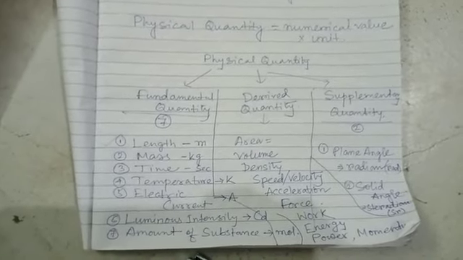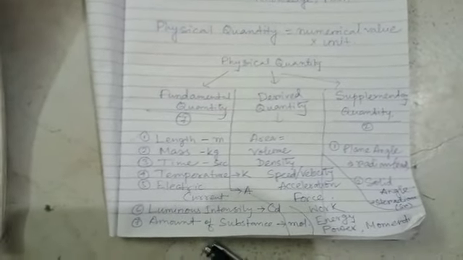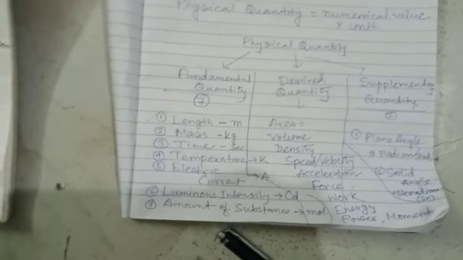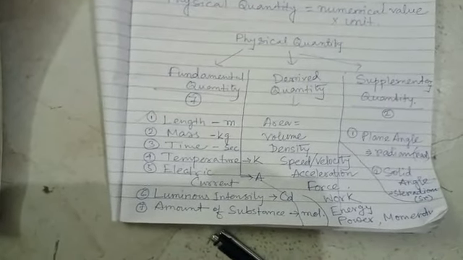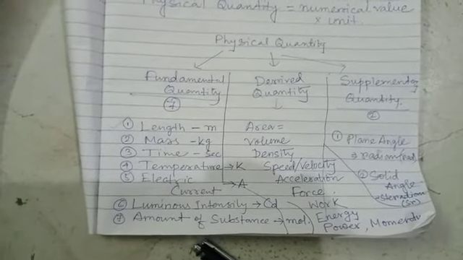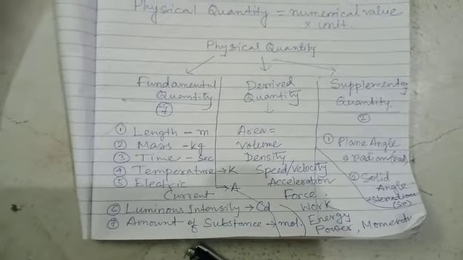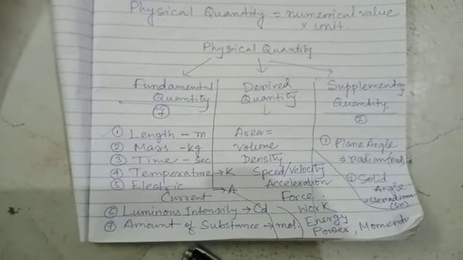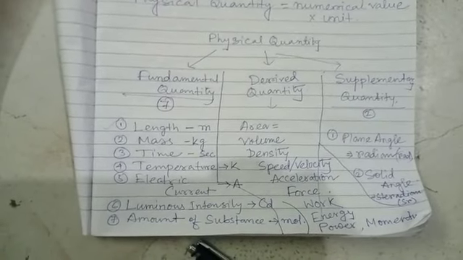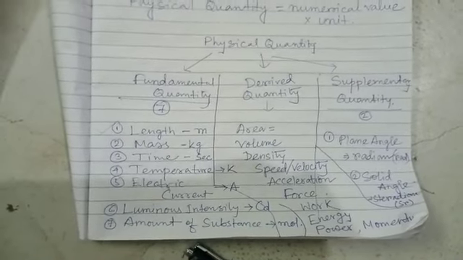Now what happened, if any formula calculated by a scientist of one country went to another country, then the other scientists did not understand which kind of unit was used by that scientist, and for commercial purposes also there were some problems.